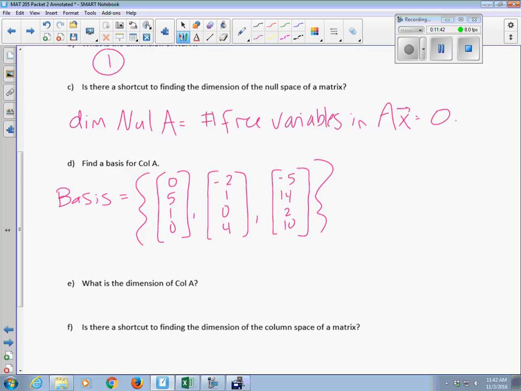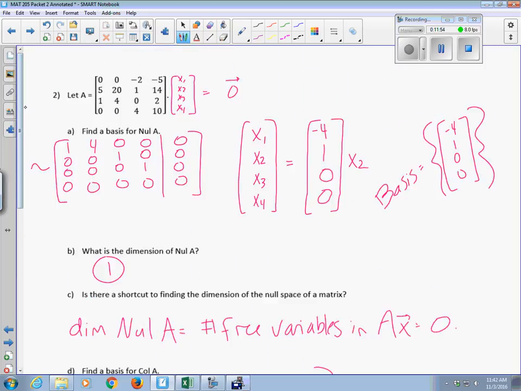So what's the dimension of the column space of A? 3. 3 vectors in the basis. So I was looking at when I row reduced, I found pivot, pivot, pivot, column 1, column 3, column 4. So you take 1, 3, and 4 from the original.